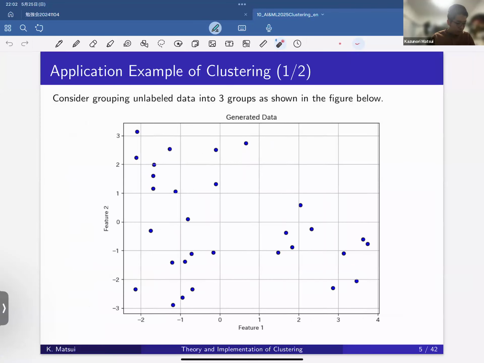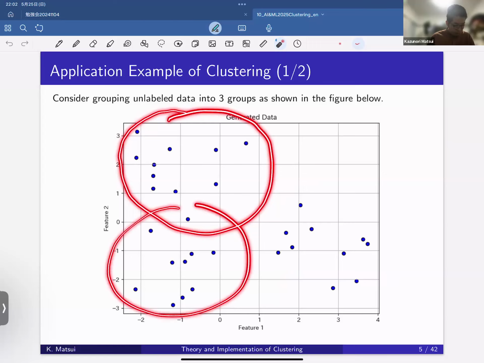So, what do we think about? Let's say we have unlabeled data like this. We think about grouping this into three groups. We can clearly see that there is one separate group on the right side. If we look carefully, we might think that the left side can also be divided into top and bottom parts.